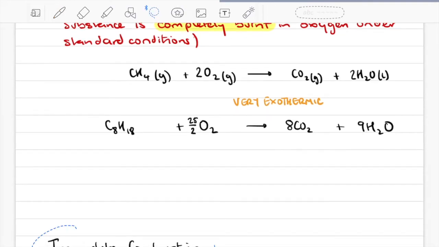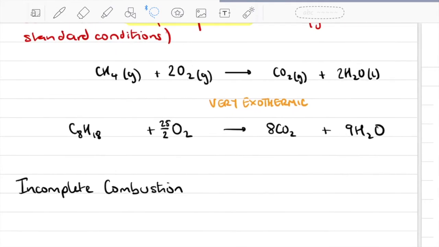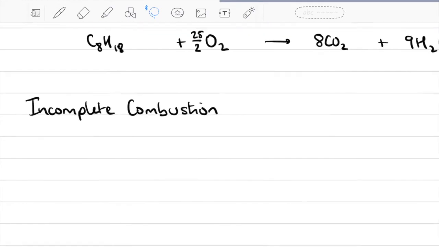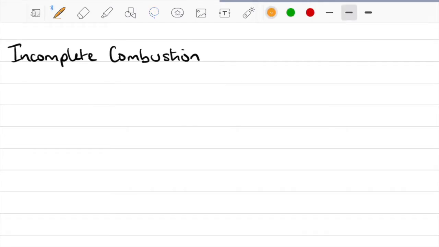So let me just bring that up. Now, when we look at incomplete combustion, the difference here is basically it comes down to the products. H2O is always formed.